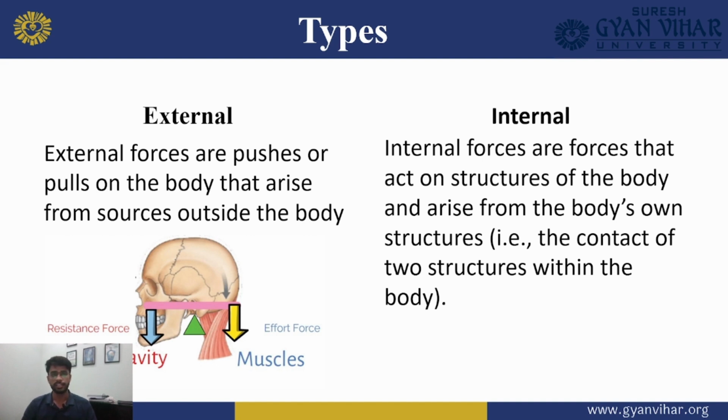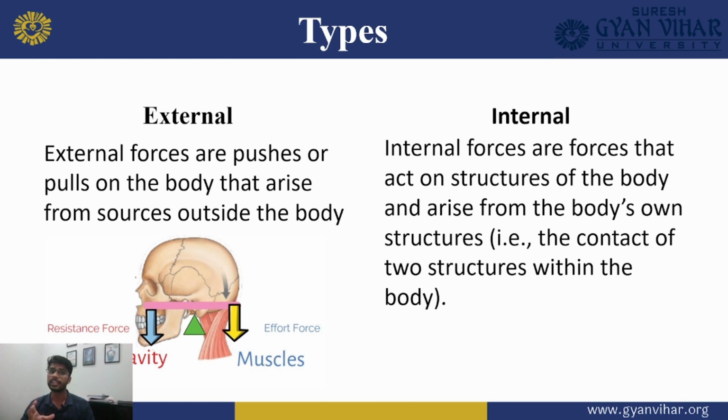Let's understand this with one more example. As you can see in this figure, this is a head which is stabilized by the neck extensor muscles. In this example, the gravity and the load of the head are the external forces, arising outside the body, and the muscles are contracting.